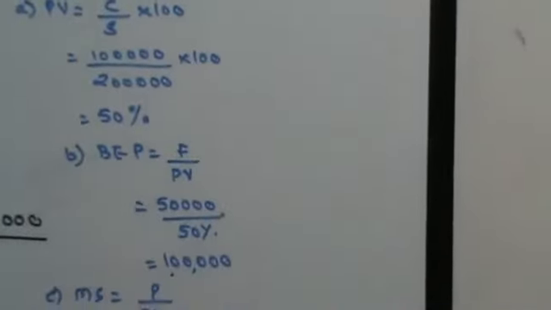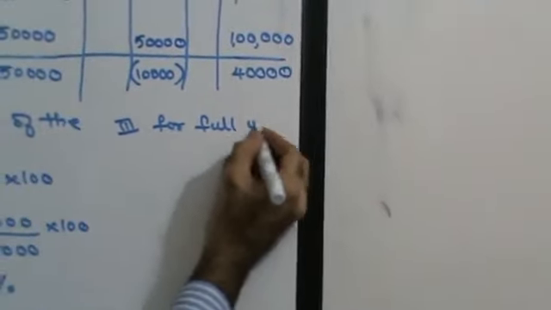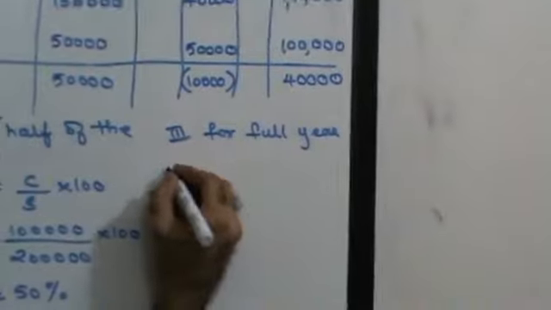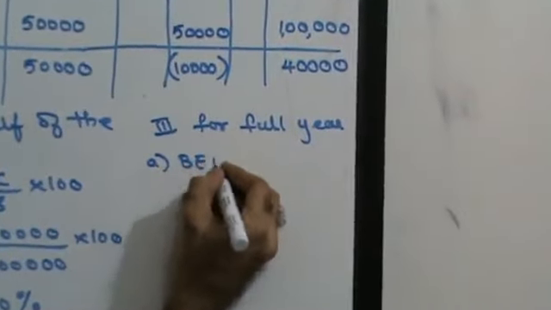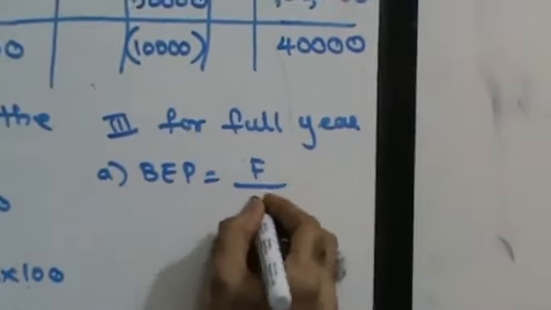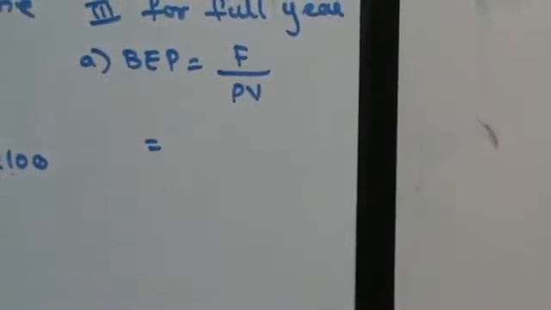They have asked you to find out BEP, third part of the question, for full year. BEP is F upon PV. Guys, remember PV does not change.